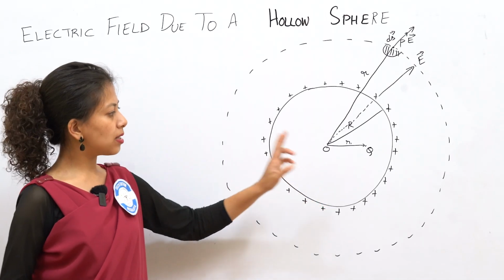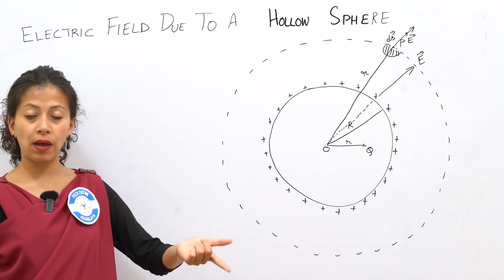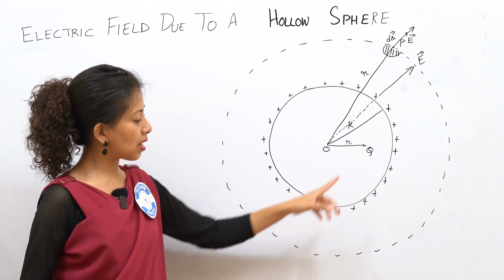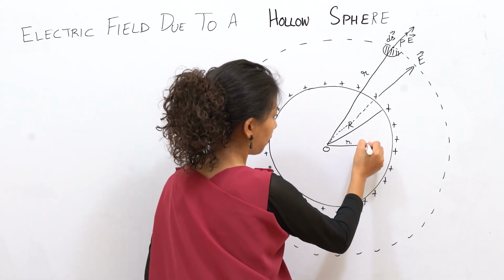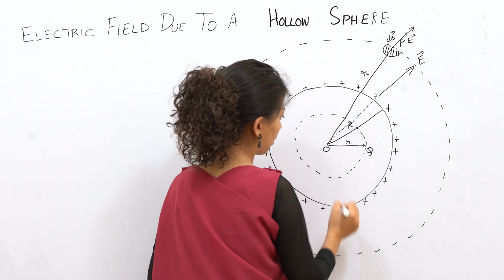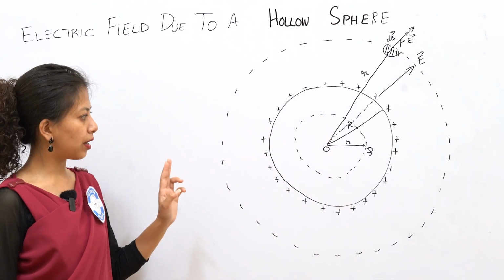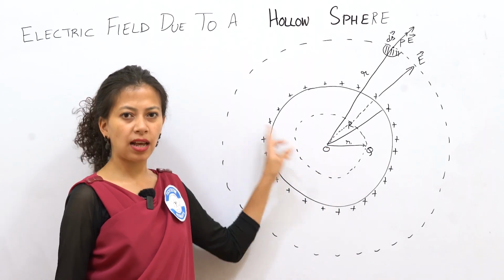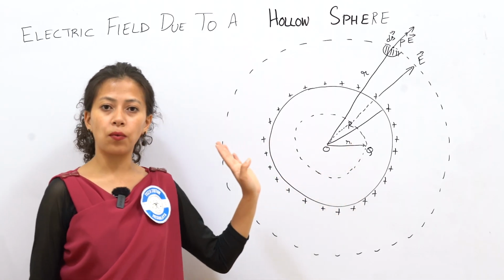Once again, to find the electric field, I have to use Gauss law, and in order to use Gauss law, I have to construct a Gaussian surface that passes through the point Q. So that is my Gaussian surface. It is concentric, once again, so it has the same center as the hollow sphere, and it has the radius R1.